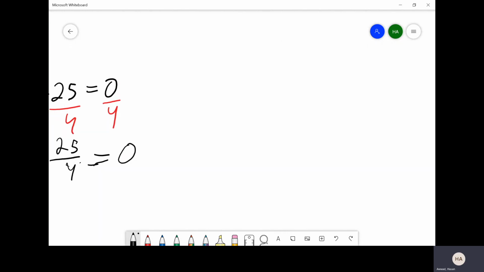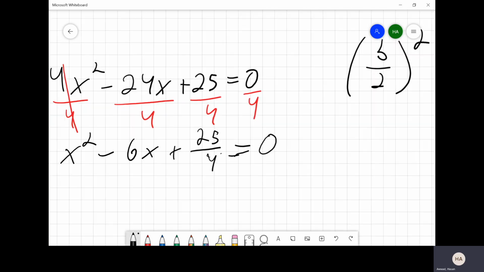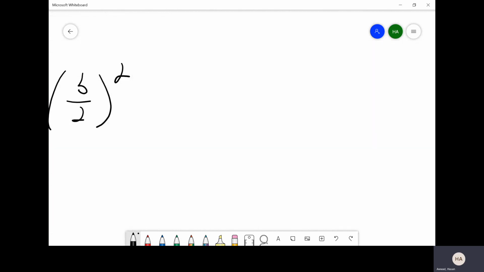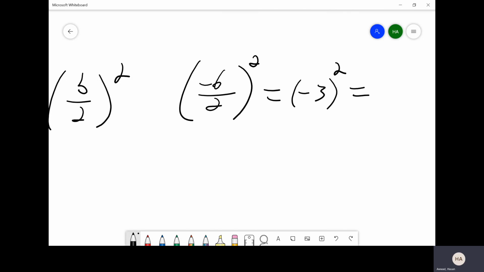We are now off to our tool, right? Our b over 2 squared. What is b? b is -6, right? b is going to be our middle piece, -6. So we have -6 over 2 squared. This is the same thing as -3 squared. And -3 squared is the same thing as 3 squared because negatives will cancel out.